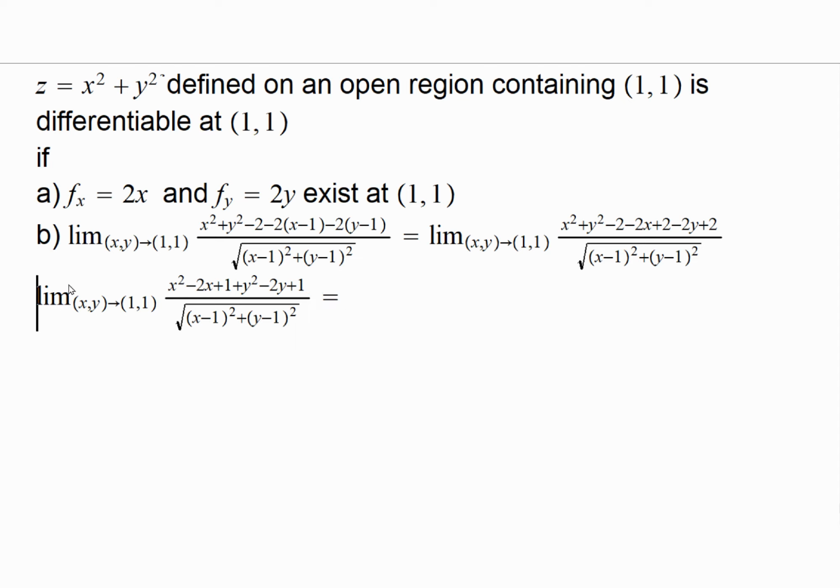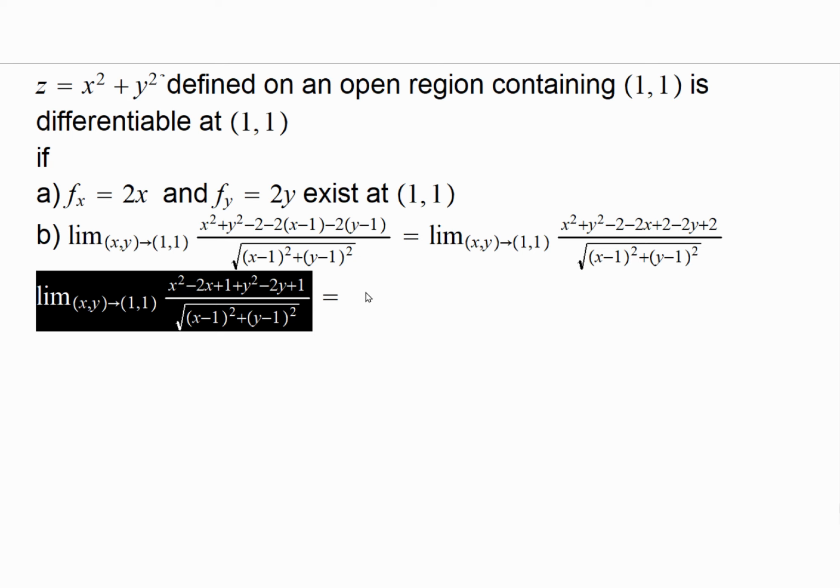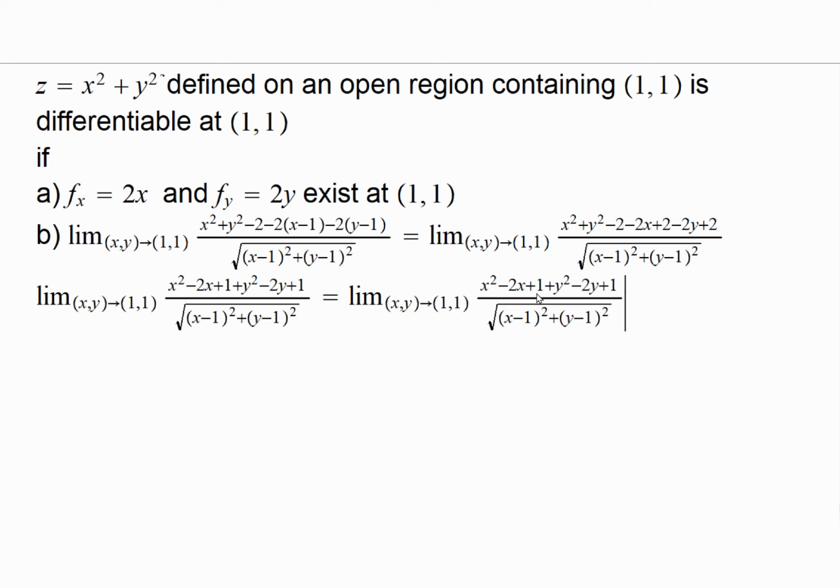So you got (x minus 1) squared here, that is this quantity, and then (y minus 1) squared here.